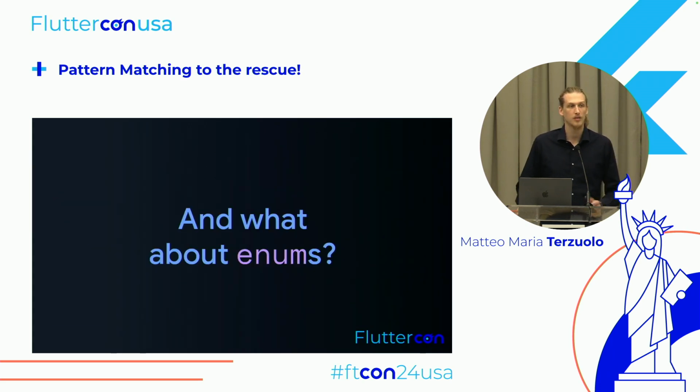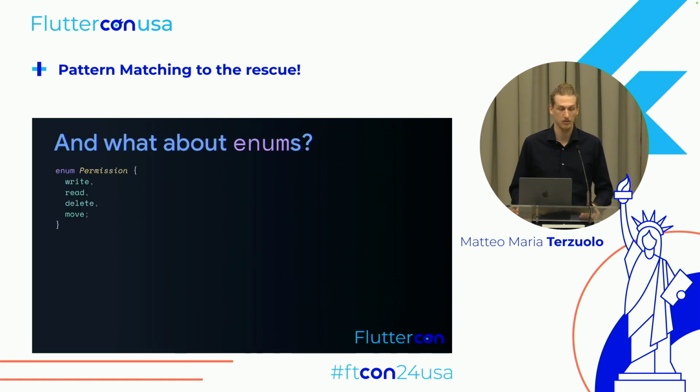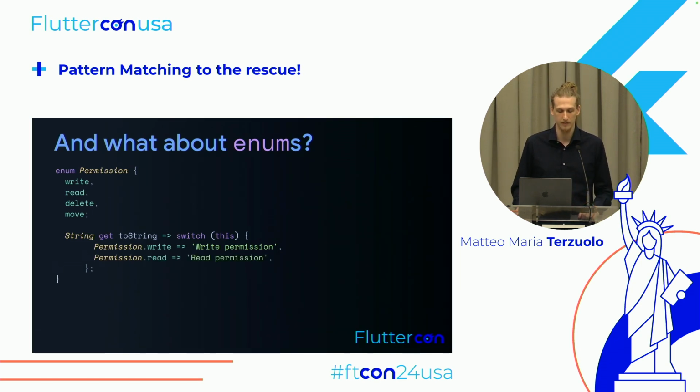Okay. What about enums? I really like that usage of the switch for enums, because you can switch on the actual values of an enum. So if we, for example, want to create a toString, we can switch on this because it's referring to the enum itself, and we can switch on the single values and return, for example, strings in that case.